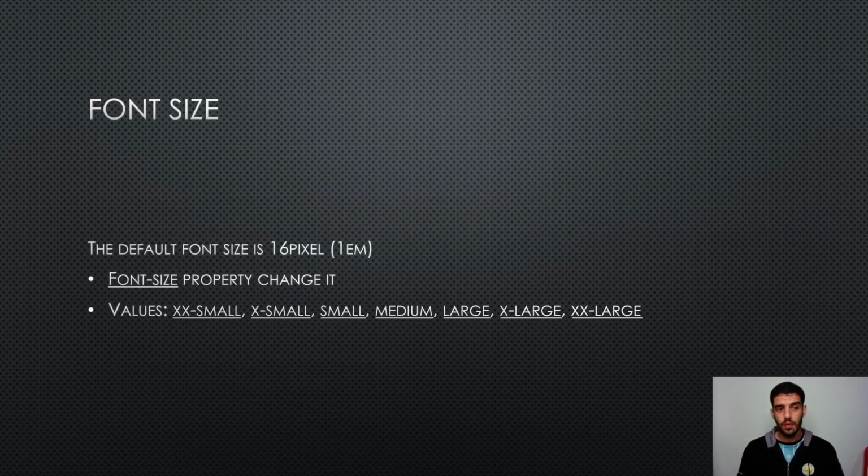The other property is font size, and in general 16 pixels is the font size for a paragraph, or what we call 1 em. So you can make it 2 em, you can make it 18 px, more or less is up to you, and that will be done by using the font-size property.